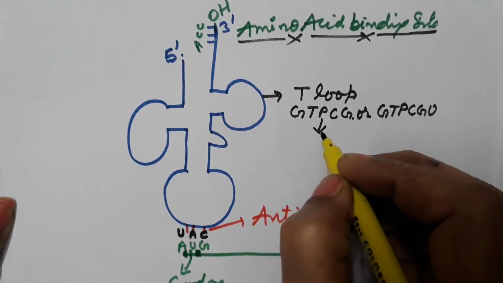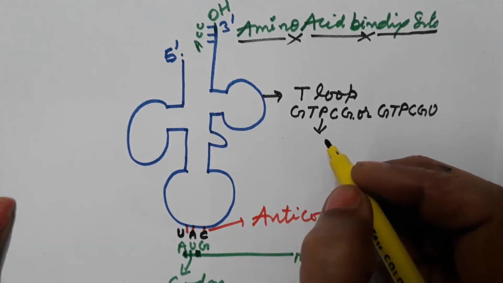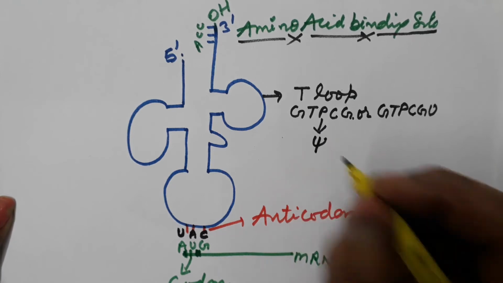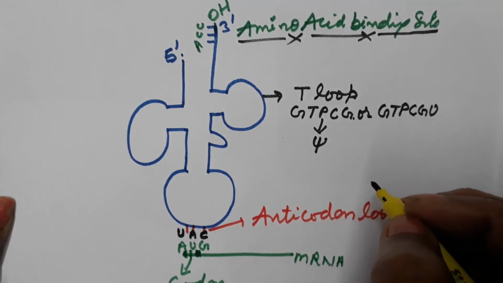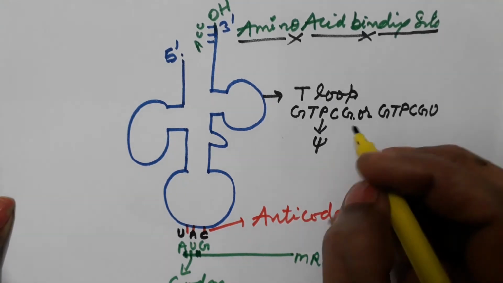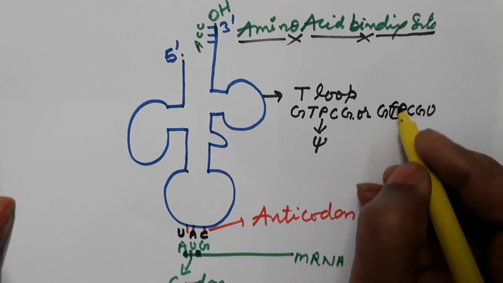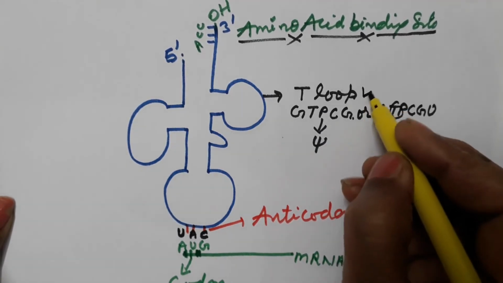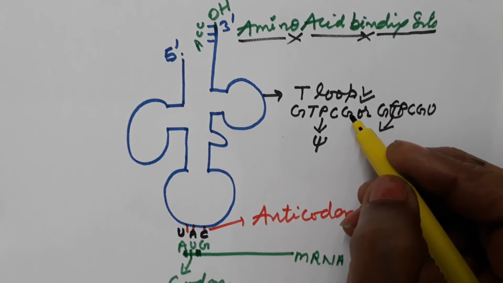The P is going to be written like this. Normally RNA does not consist of T, but T is present here. So this is known as the T loop.